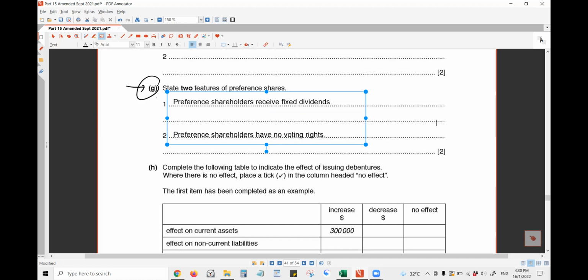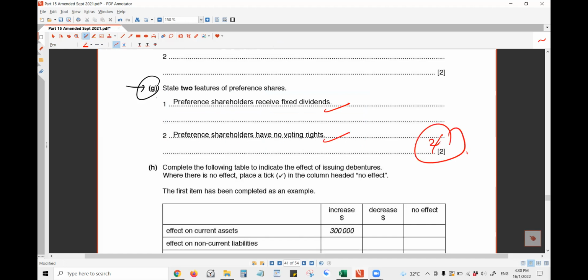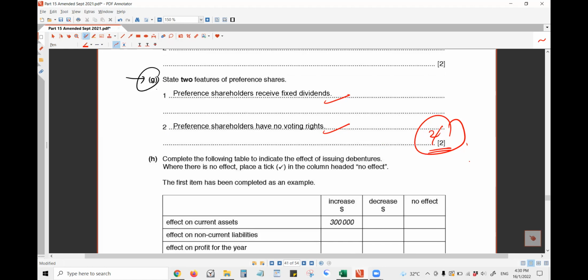Okay. So these 2 points are very easy to write. Okay. Receive fixed dividends. Okay. Preference holders receive fixed dividends. They have no voting rights. So this is also a very popular question in the exam. And yeah, you have to watch out. We see the next thing.